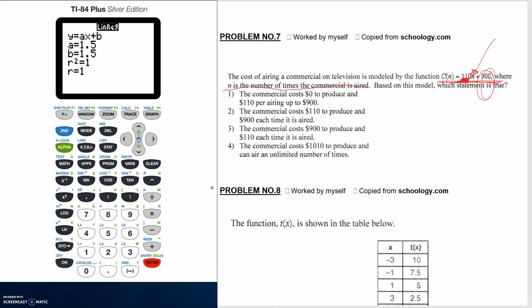That 900, well, that's a one-time fee. So if we look through the choices, the 900 being the one-time fee, that's how much it costs to put this commercial together. Once it's together, you don't pay that $900 again. What you do pay is $110 each time it's aired. And I know that because the 110 is attached to the variable.